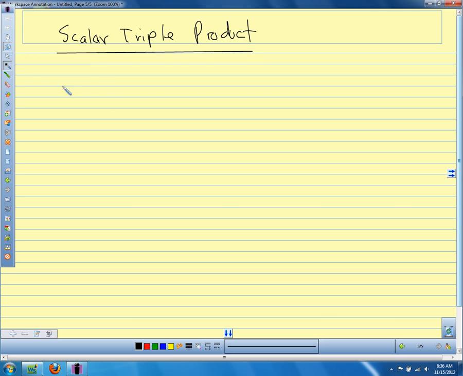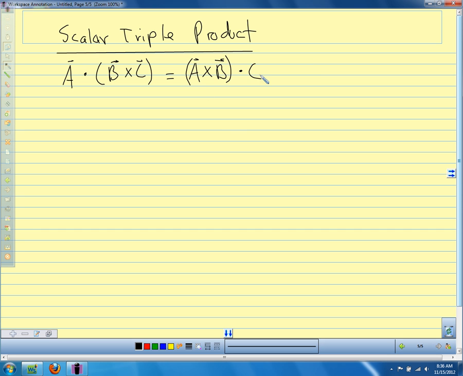We said the scalar triple product was A dot B cross C, and that's the same as A cross B dot C. And we said this was the volume of a parallelepiped, or a volume of a box with A, B, and C as adjacent sides. To calculate this, we can just use the determinants.